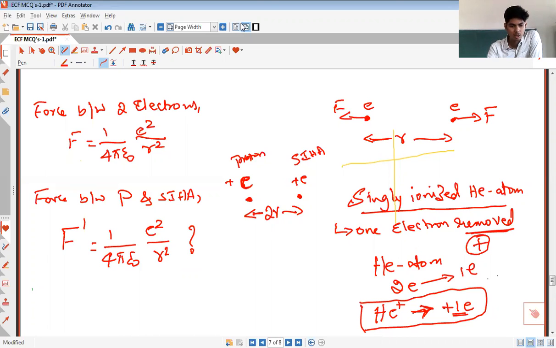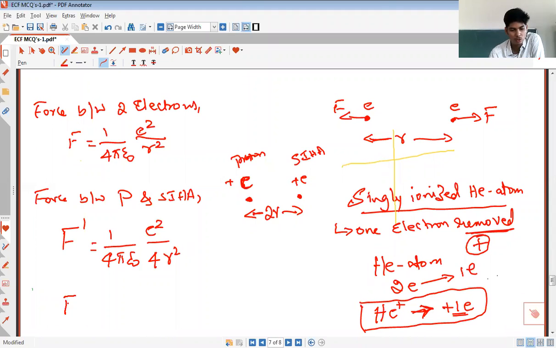F dash is 1 by 4 pi epsilon naught e square divided by r square. Is that right? No, that must be 4r square. Since the distance between the proton and singly ionized helium atom is 2r, it must be 2r whole square here. So 2r whole square is 4r square.